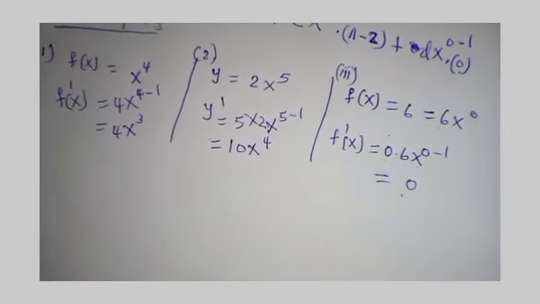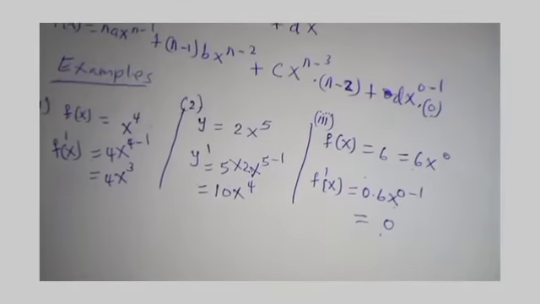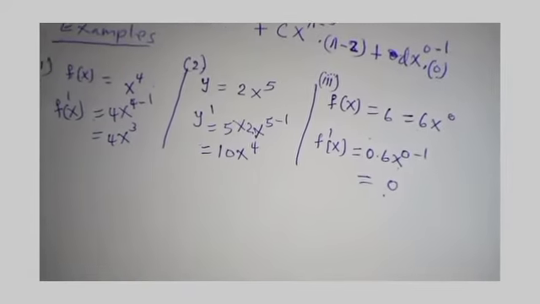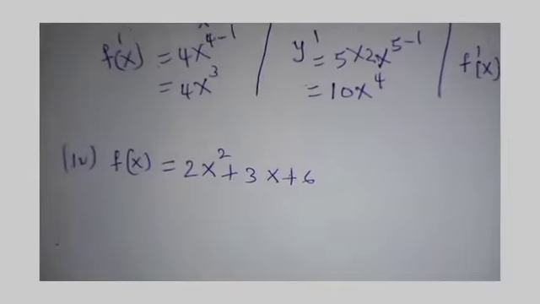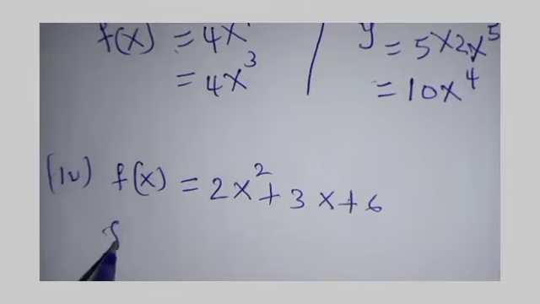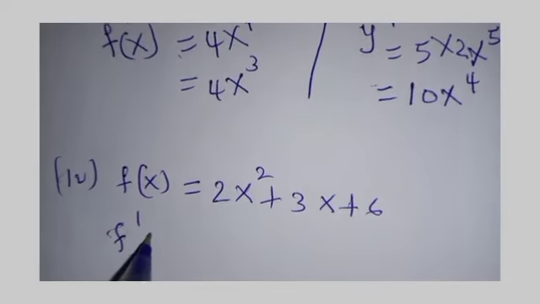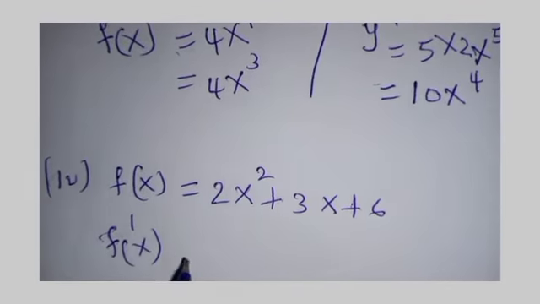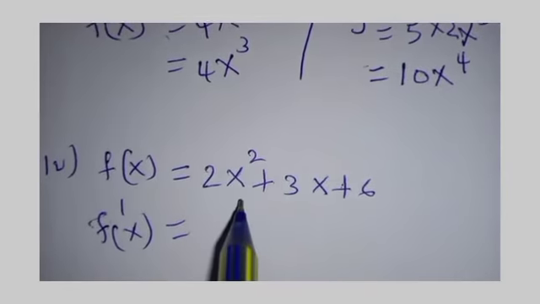So number 3, we look at number 4, the polynomial. When you are given the polynomial, so you are given this polynomial, to get the derivative f prime of x, what you do is differentiate this term-wise.